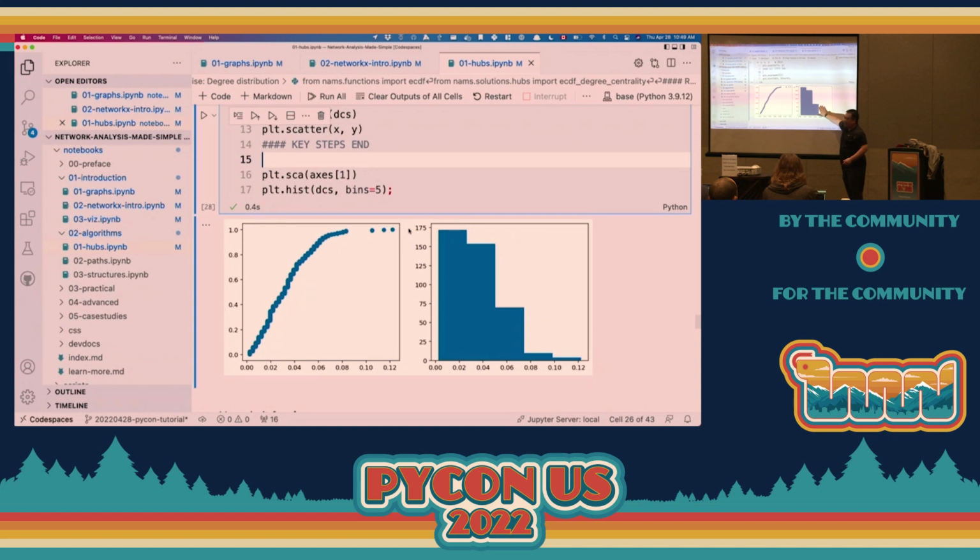On the right, I've done the exact same data set, the distribution of degree centralities, except done as a histogram. And immediately, it should be clear that the histogram can hide information about your data set that would be otherwise exposed immediately with the empirical cumulative distribution function.